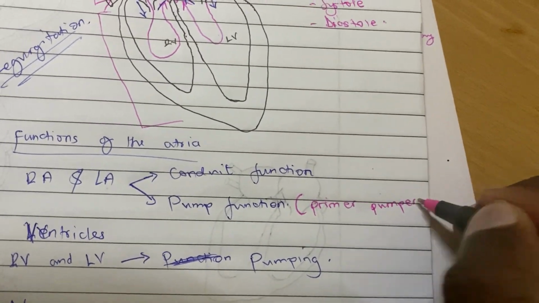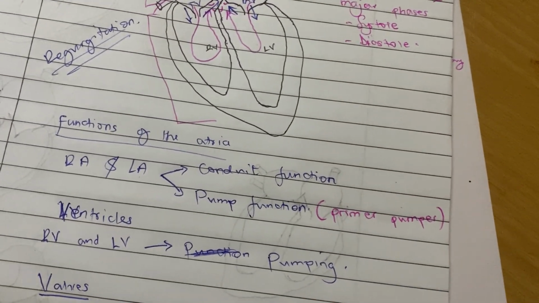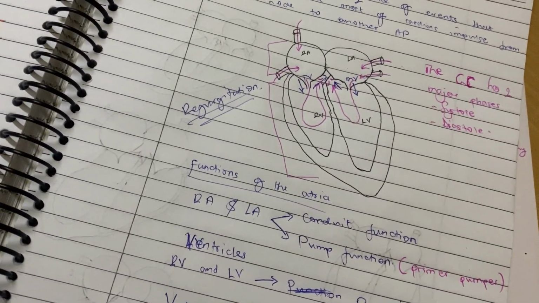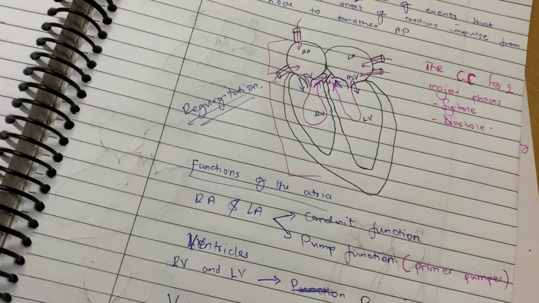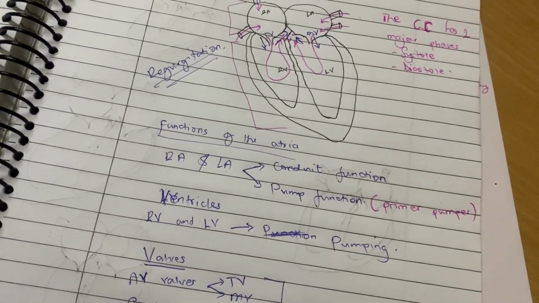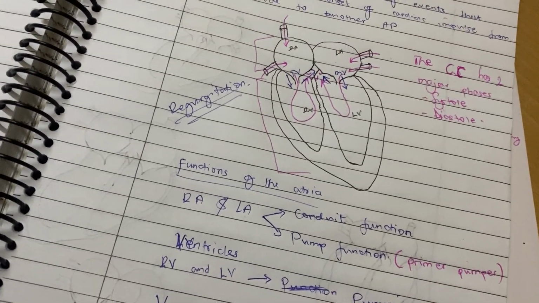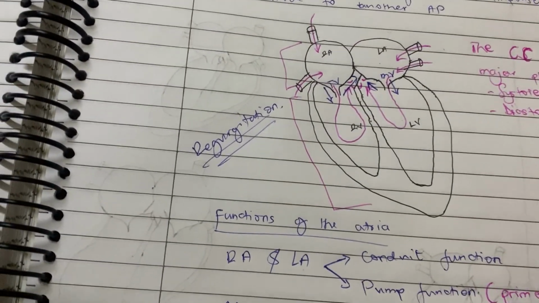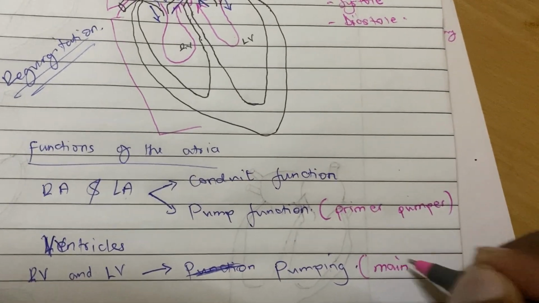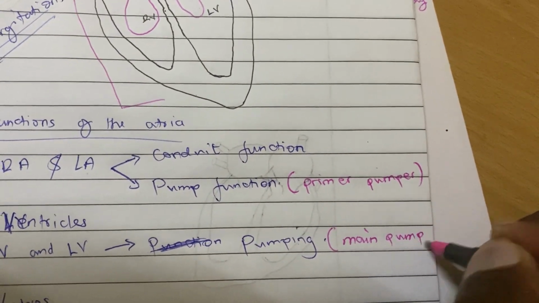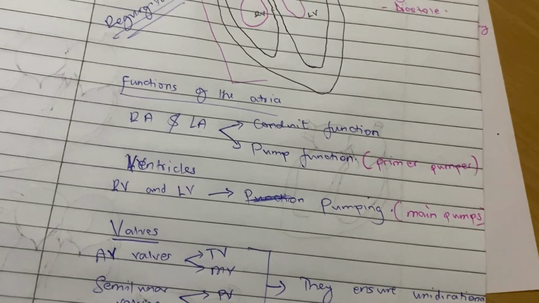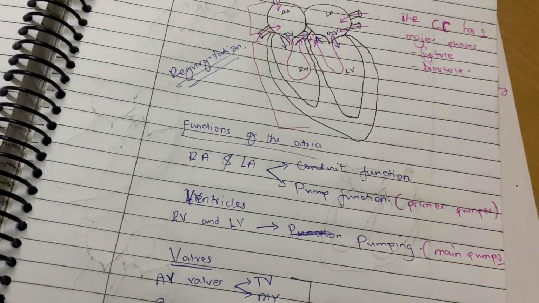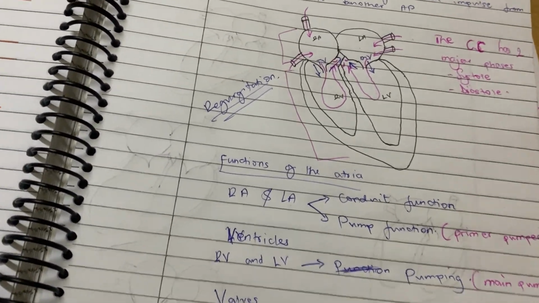What is a primer pump? A primer pump is the one that prepares the other one. It prepares the ventricular pump to work effectively. Without the primer pumps, the main pump cannot work. So the ventricles are the main pumps. Without the primer pumps, the main pumps will work, but less effectively. How will it be less effective? We shall see.